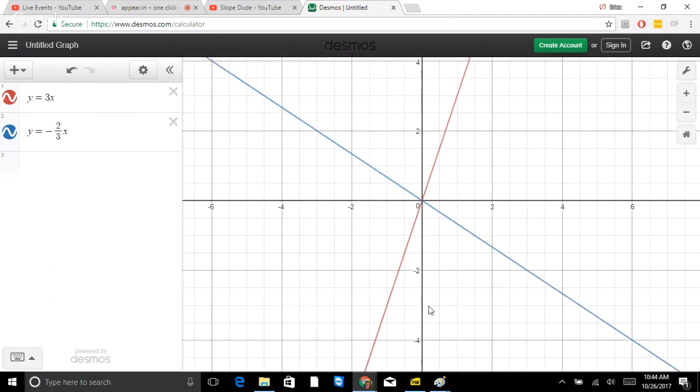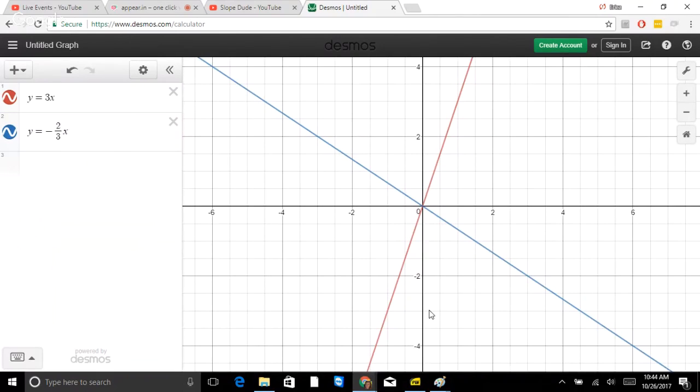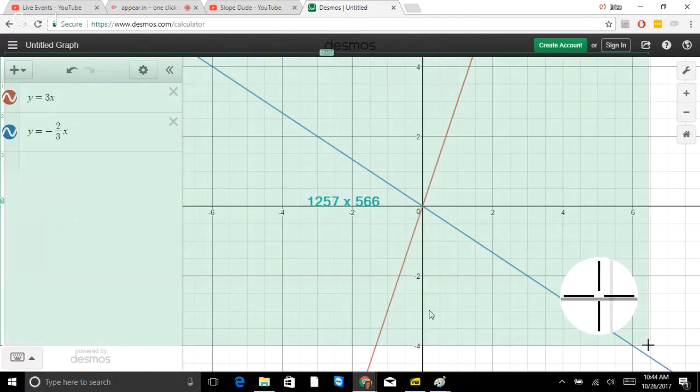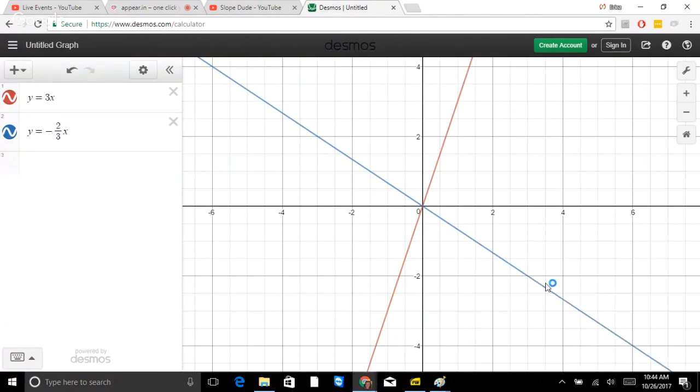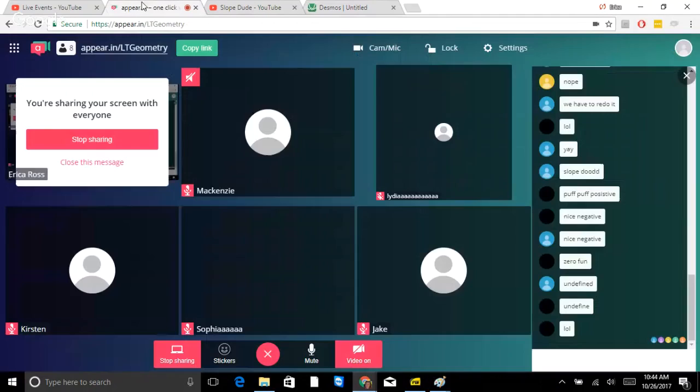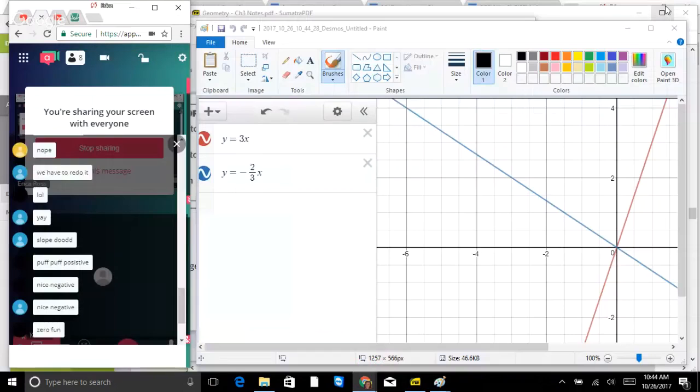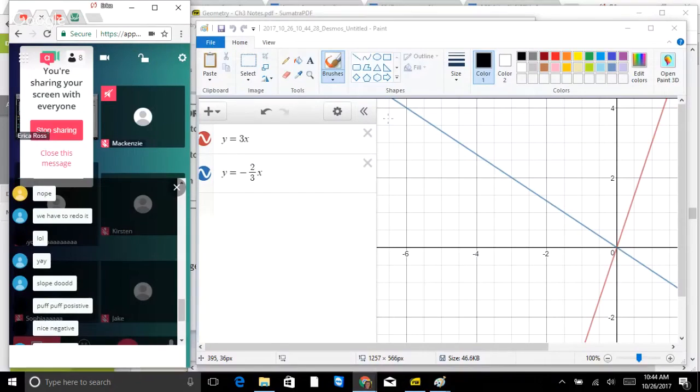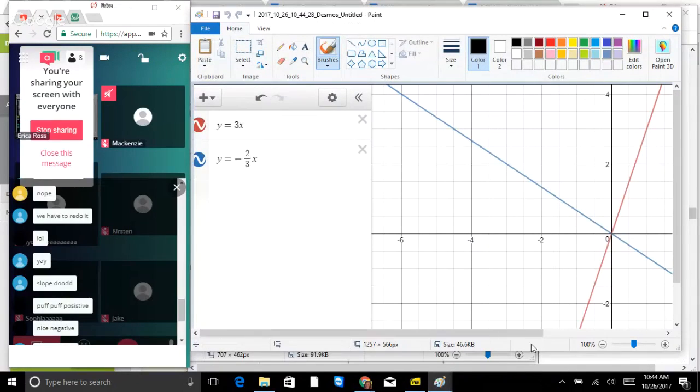I'm going to pull this over to Paint. All right. That's that. This is Paint. I can draw on this. Okay. So I have some lines here.